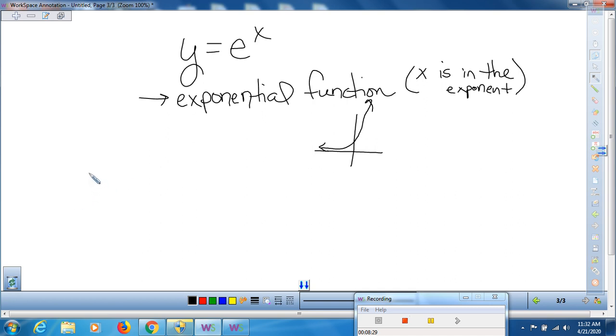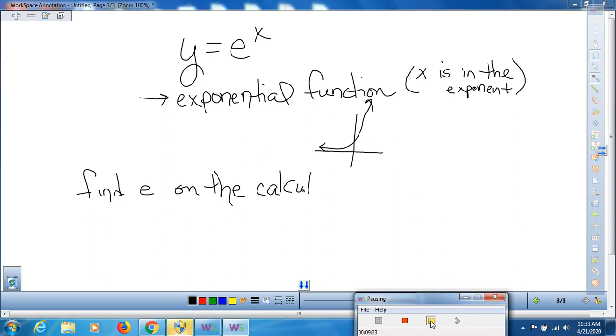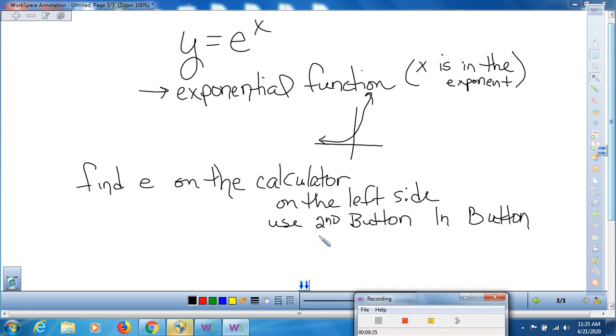To find E in your calculator, let's start there. Find E. All right, so as I was saying, you can find the E on your calculator.